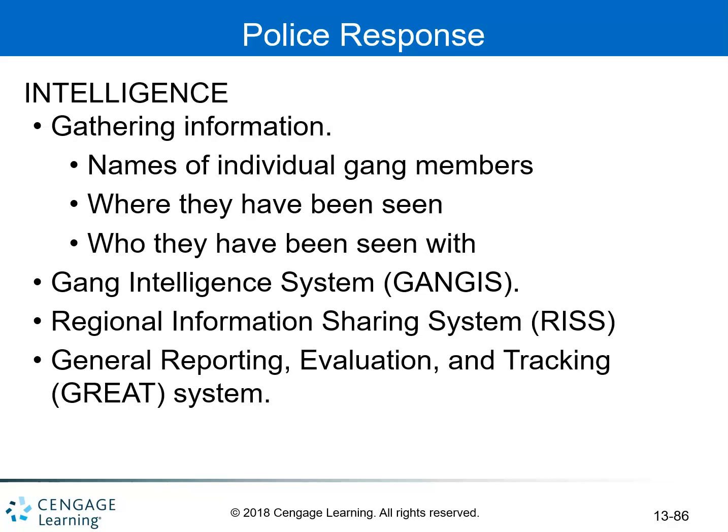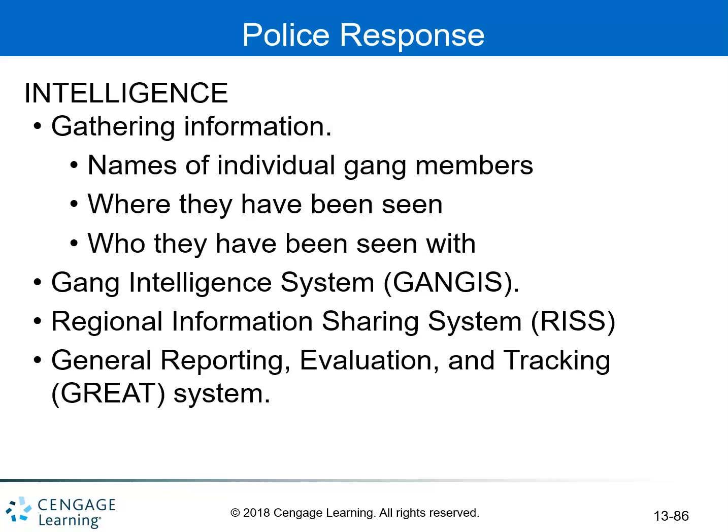Now, intelligence is knowing what gangs are out there, where they are, the names of the individual gang members and their affiliation, where they've been seen and who they have been seen with. And that's really important for us to know.